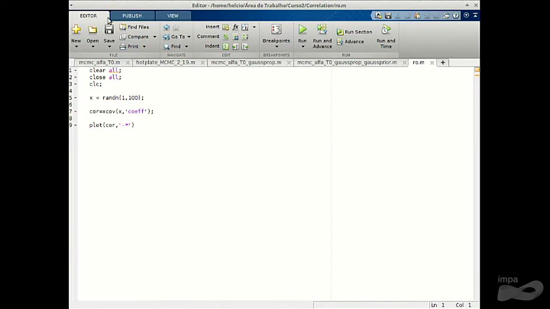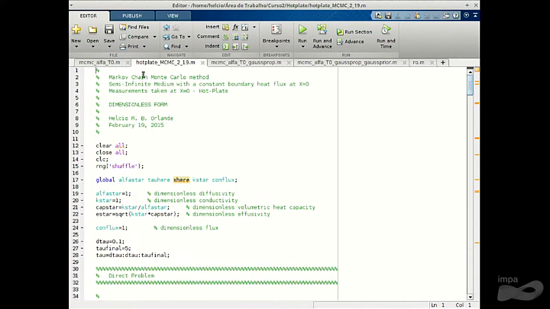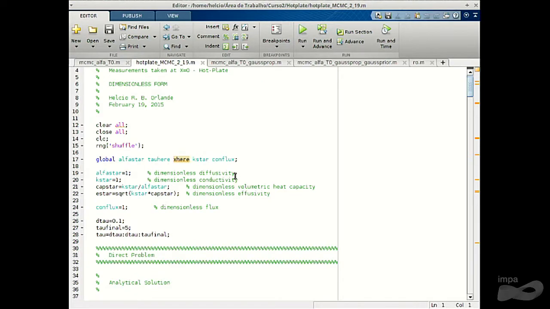All right. So let's take this hot plate. Everything here is dimensionless, so I'm assuming that all exact values are 1. So the value of E is 1, the heat flux is 1.